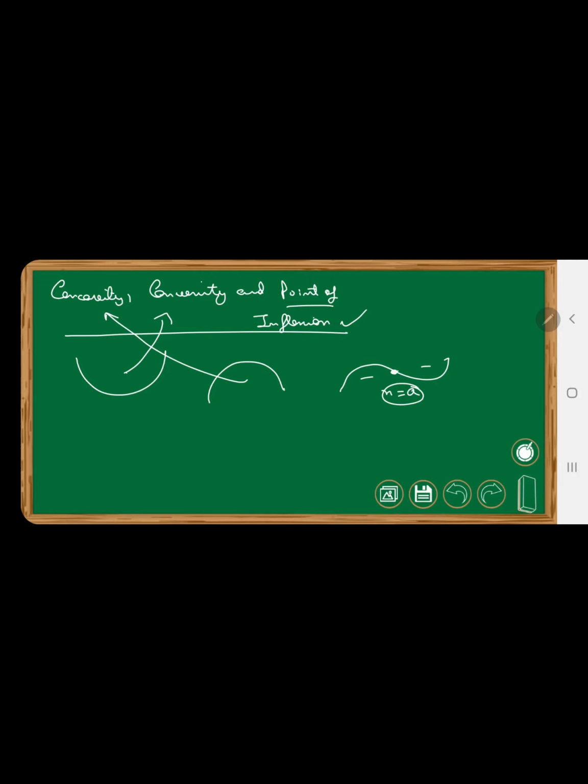Clear? So basically how to find it: if for all x belonging to some interval (a,b) such that d2y over dx square in this interval is greater than 0, then y is convex in the interval (a,b). Clear?